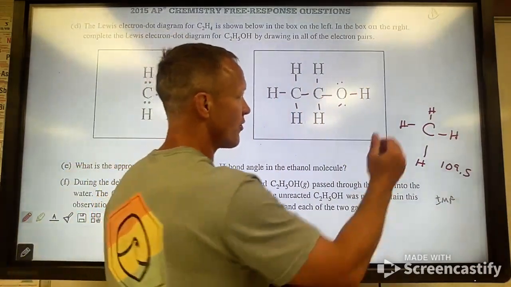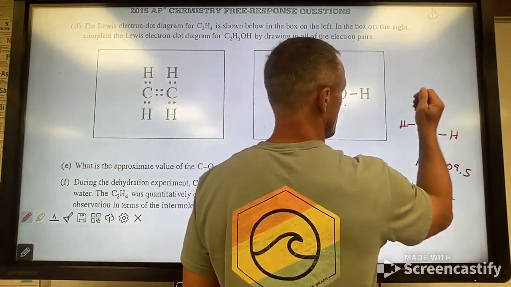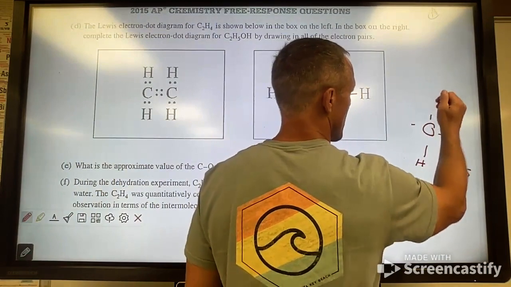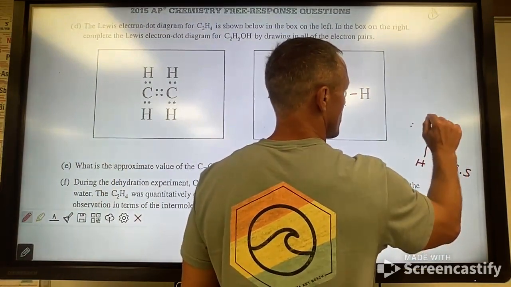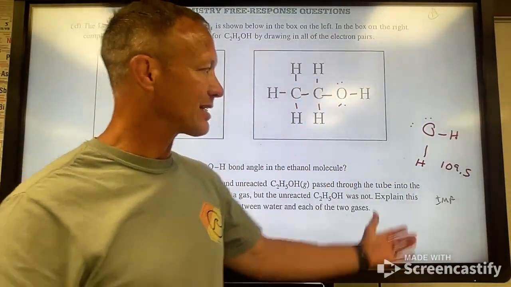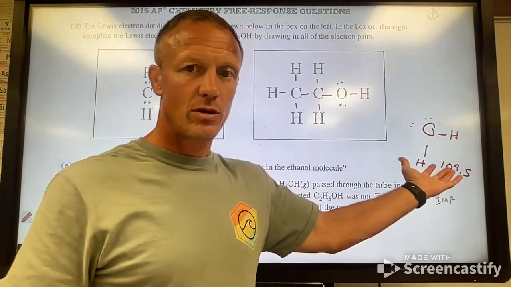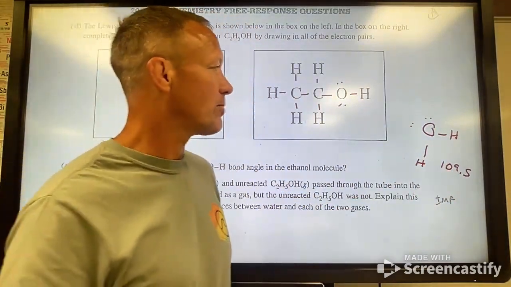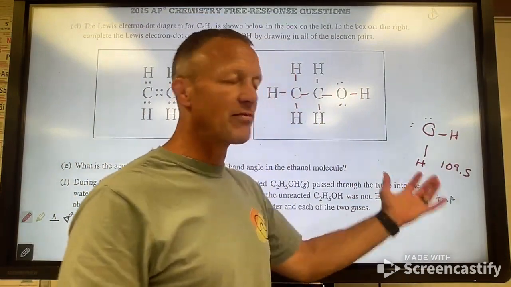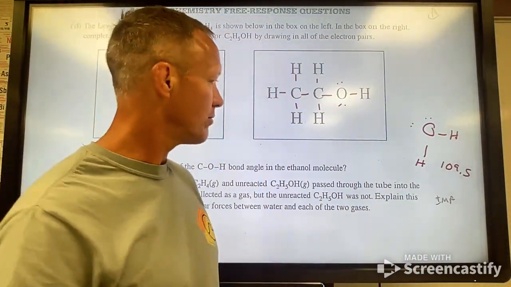Well, in this case, 2 of those bonds are off. You have an oxygen in the middle. 2 of those bonds are off, and you have lone pairs. Remember, that decreases that bond angle by a couple of degrees typically per lone pair. Say something a little bit less than 109.5, and it should be fine.